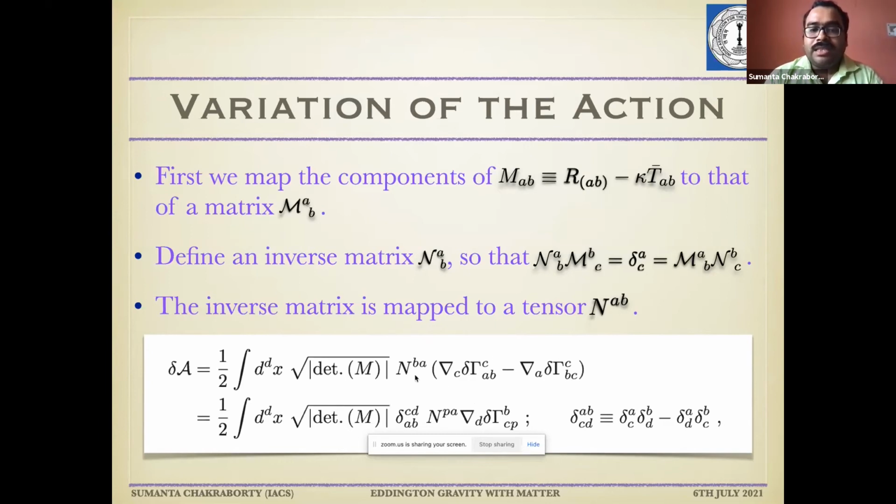Now, this can be properly modeled in the sense that it can be converted using this alternating tensor delta, which I have just defined here, times N and covariant derivative of delta gamma. Rest of it is very simple, just like any action, we convert it into a boundary term and an equation of motion or the field equation type term.